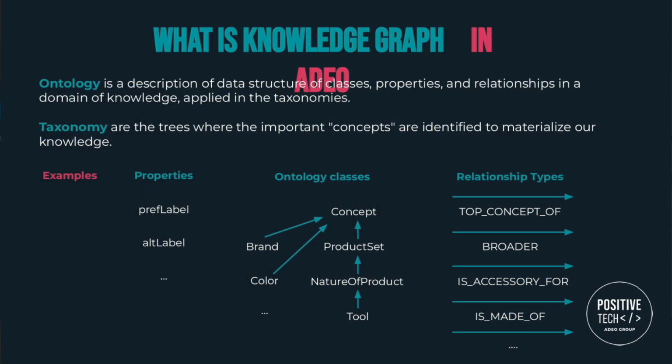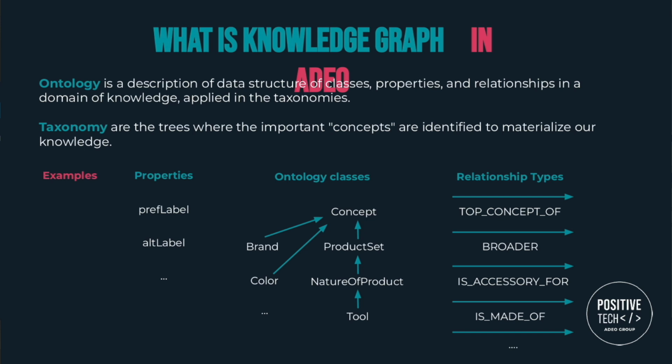Two main points I want to share about the terms. It's ontology and taxonomy. Ontology is a description of all structure of classes, properties, relationships, everything we have inside the knowledge graph. And taxonomy is a tree to organize a concept in a hierarchy way.